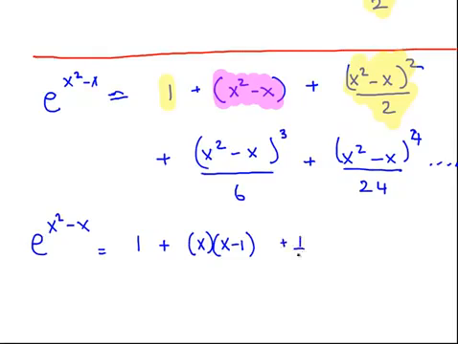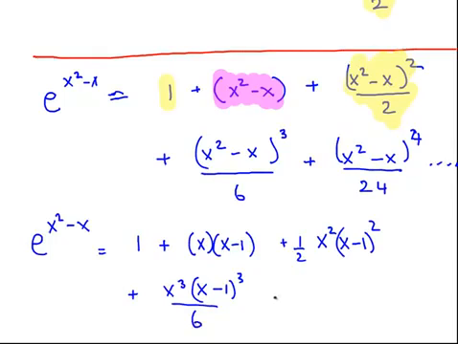plus 1/2 of x squared times x minus 1 squared, plus x cubed times x minus 1 cubed over 6, plus x to the power of 4 times x minus 1 to the power of 4 all over 24, and so on.